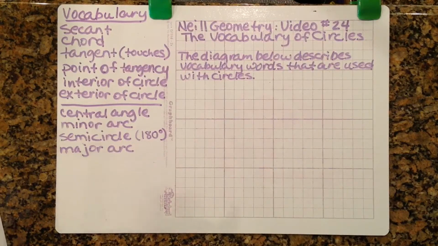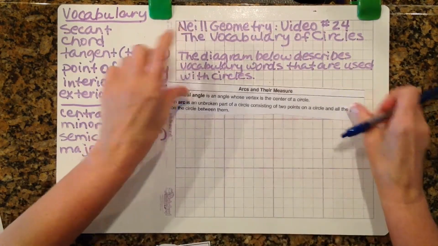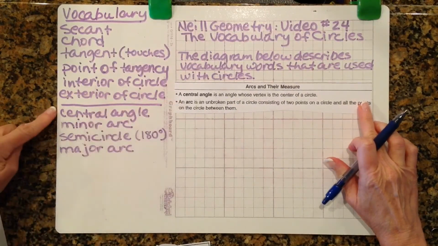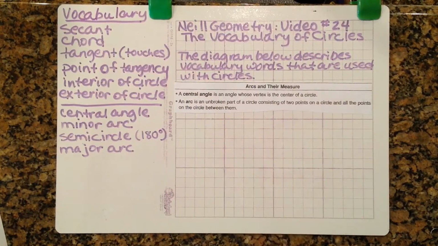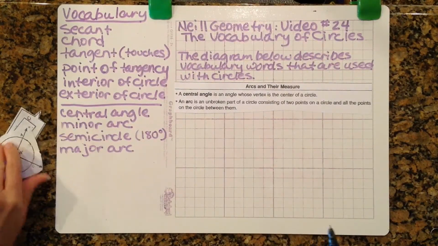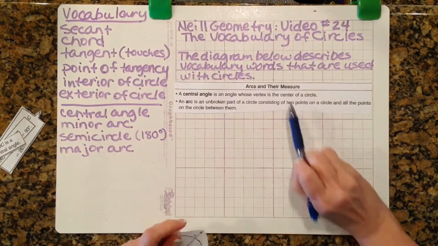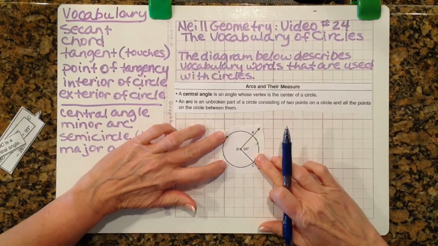Okay, let's keep going. Let's talk about arcs and a central angle. Okay, there's a different definition of central angle and a basic definition of an arc. So a central angle is an angle whose vertex is on the center of the circle. Okay, we're going to look at all kinds of circles.